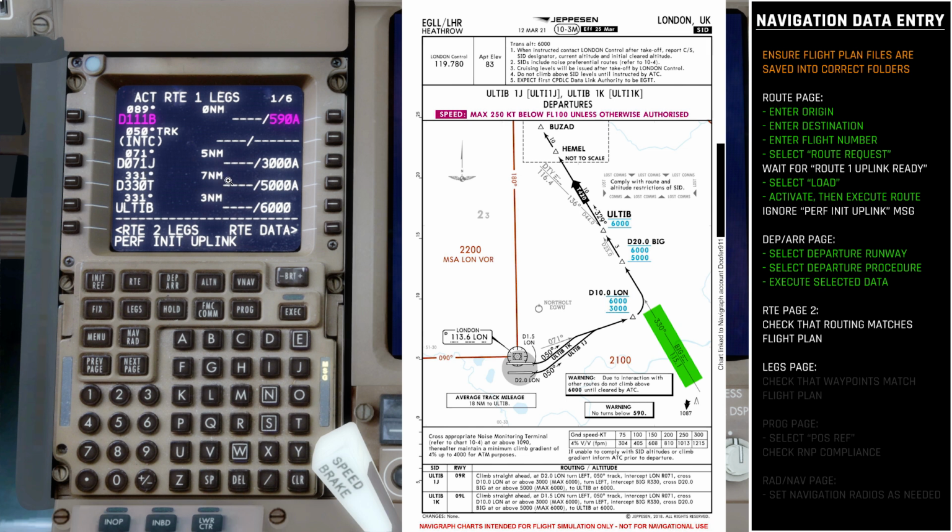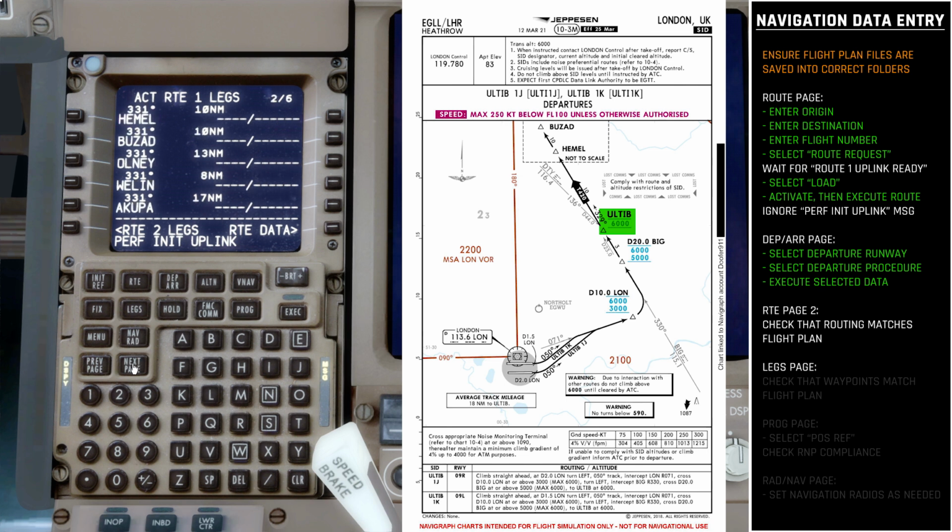But you can see that once we complete the turn, we need to make sure that the aircraft is at an altitude of between 5,000 feet and 6,000 feet at this waypoint here. So you can see that we have 5,000 and above is already selected here. Then, as you can see at the ULTIB waypoint, we need to be at an altitude of 6,000 feet. So you can see ULTIB, we have 6,000 dialed in there.